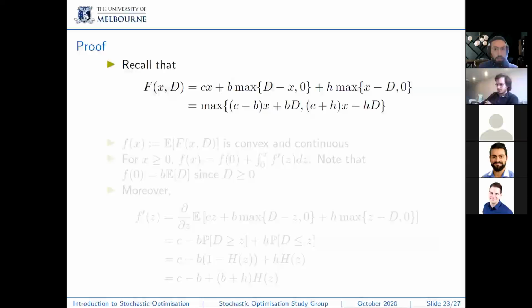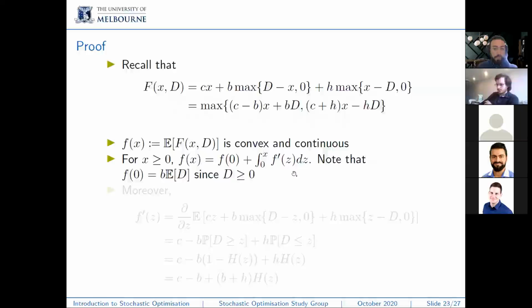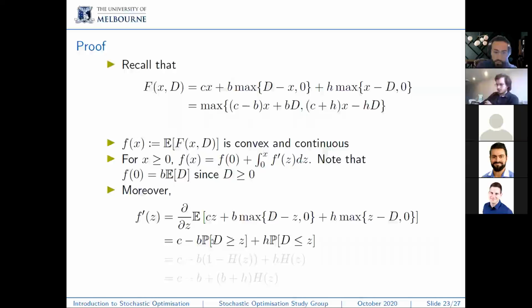So I could quickly show the proof. This is basically using properties of the cost function. You use the fundamental theorem of calculus to write the cost function like this, and then you just compute the derivative which sits inside this integral by using the expectation. Because if you remember, there were two cases, either the demand is greater than z or smaller than z, you can use this fact to write this expectation as these probabilities, and then these probabilities can be written in terms of the CDF.